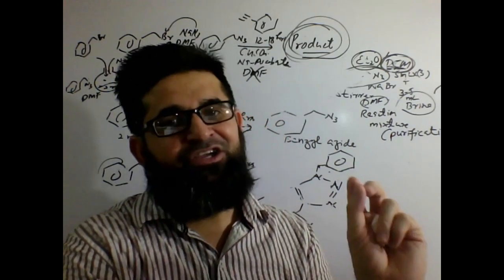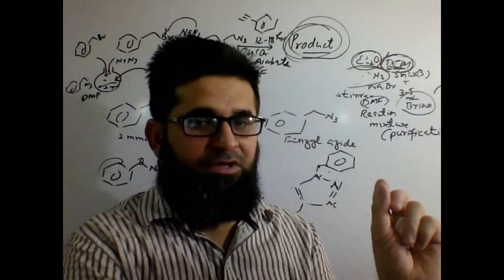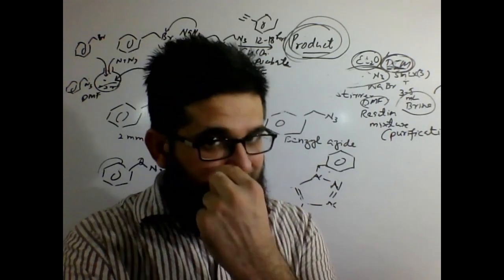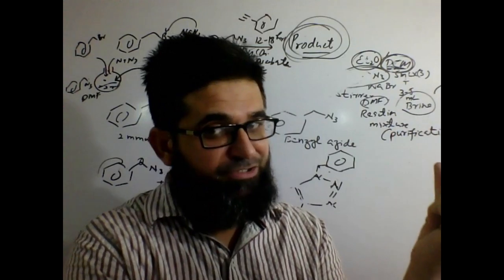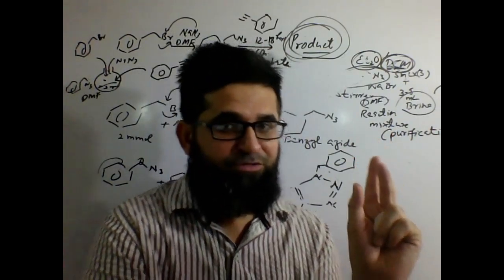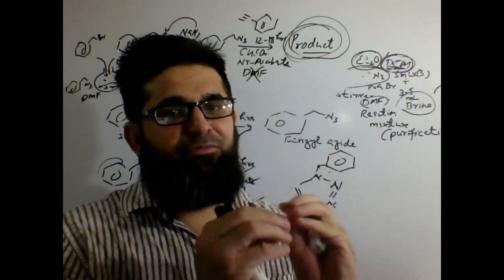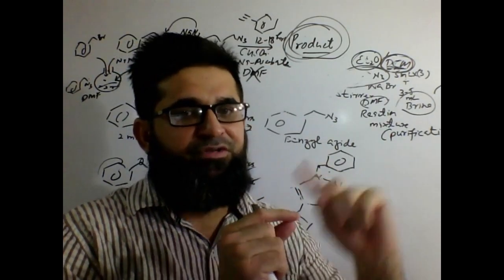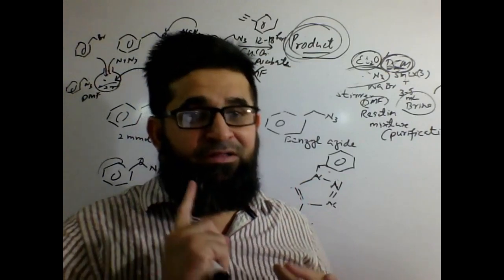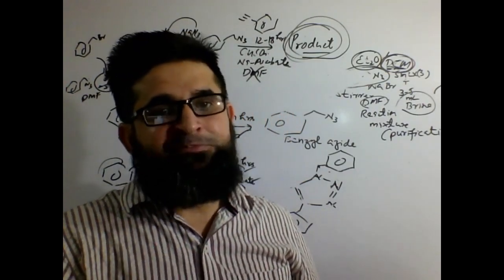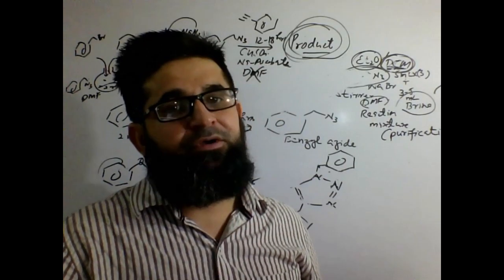The second step, the reduction, may be a problem, as certain reducing agents are acid sensitive. So the first reaction is okay, possible, but the next step may be sensitive to minor amounts of acid, remnants of the first step. So it can be problematic. That is why all reactions can't be one pot.